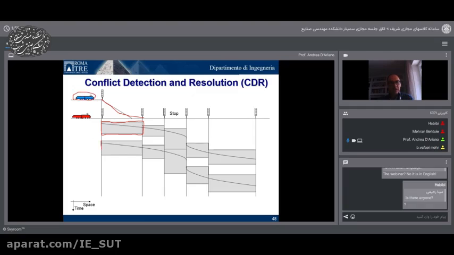This other block means the red train that is occupying this piece of track. As you can see, these two blocks must not overlap, because an overlap between the blocks would mean that the signaling system will switch from green to yellow or to red. So it's a kind of conflict to be solved.